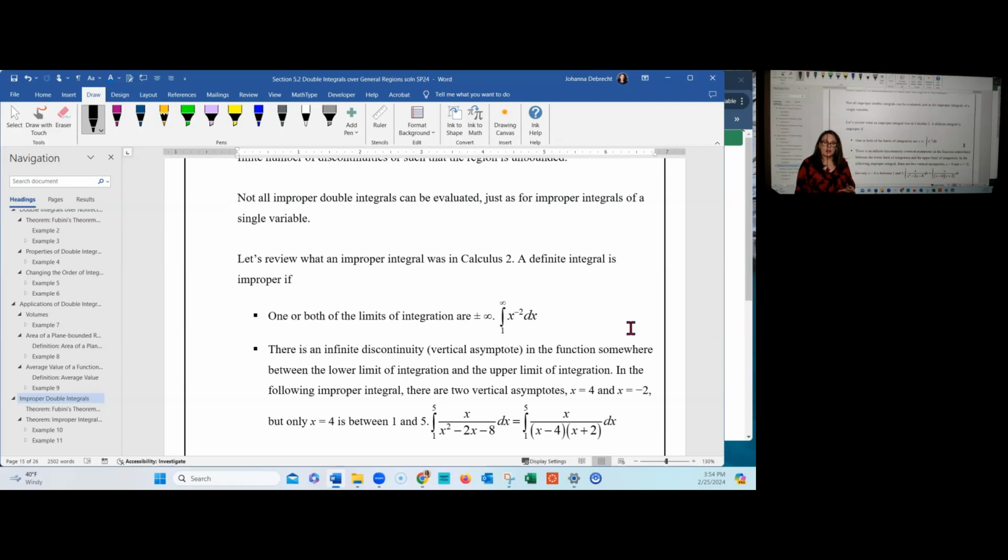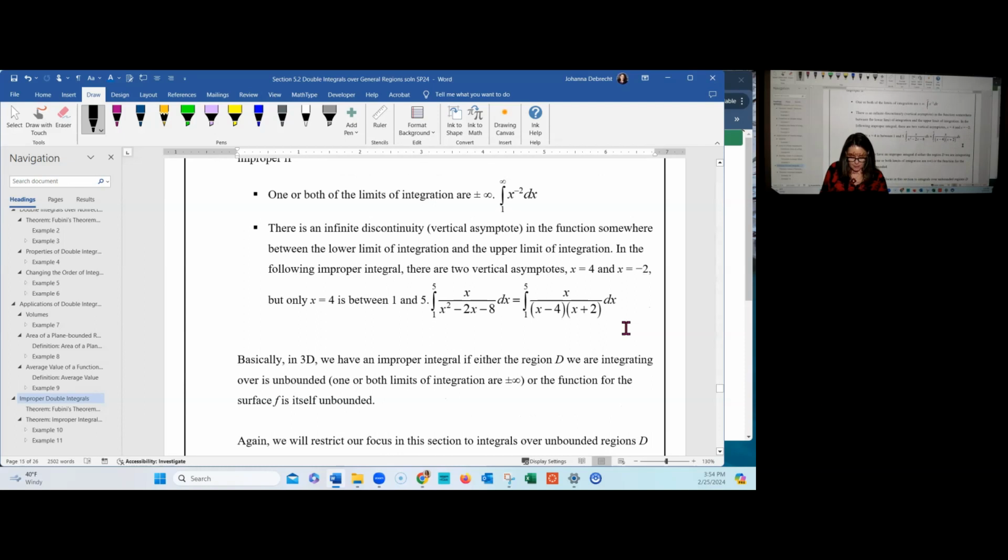The other type of improper integral in Calculus 2 came from a vertical asymptote somewhere between the lower limit of integration and the upper limit of integration's value. Looking at this integral here, the integral from 1 to 5 of x divided by the quantity x squared minus 2x minus 8 with respect to x, we can factor the denominator to get x minus 4 and x plus 2 as factors.